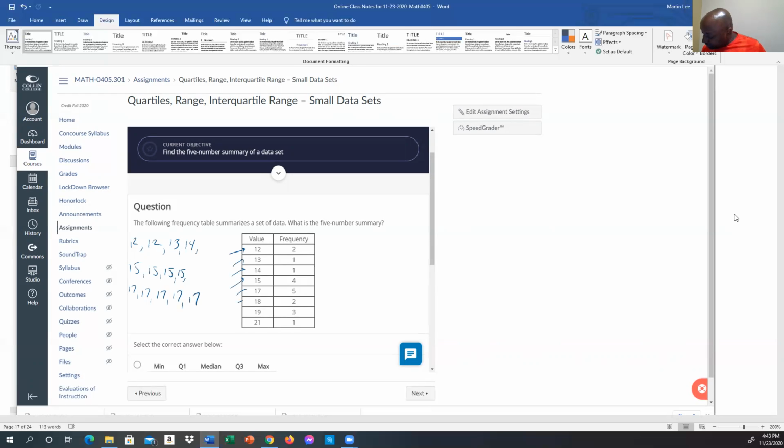Value 18, you need to write that twice. Value 19, you need to write that 3 times. And the value 21, write that once. And there should be 19 numbers. So let's label each number.